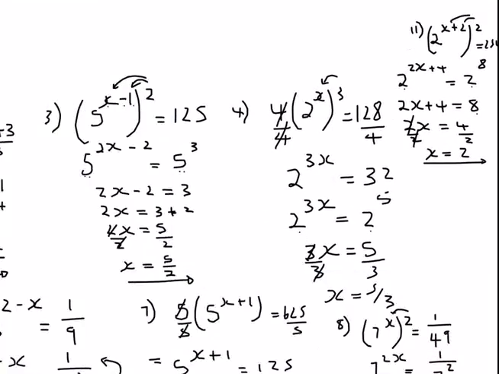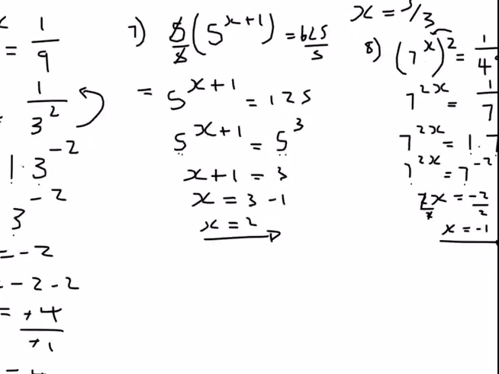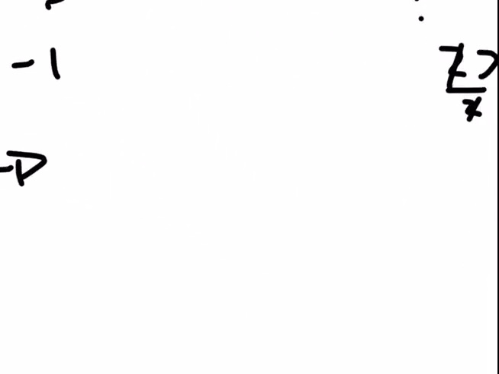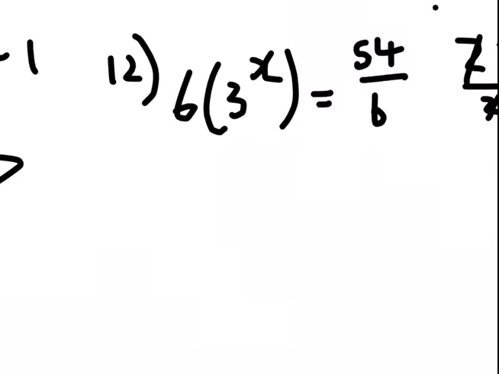So maybe let me do one more problem. I'll just use that space there in between. So let us say, this being the last example, you are given 6 and then you have 3 to the exponent of x. Let me just close that, and then we equate it to a fraction being 54 over that.